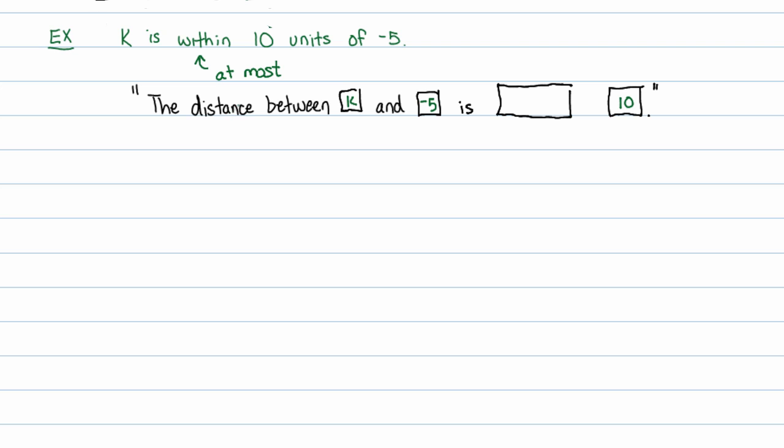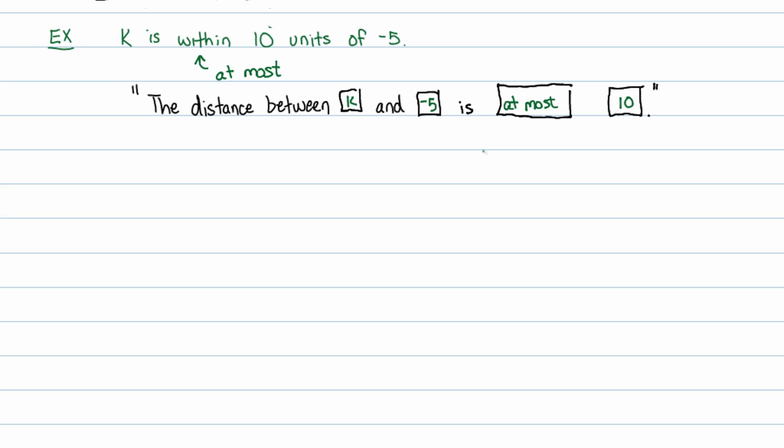But it just depends on somebody's interpretation. I personally think that within means at most. Just because if I say I'm within 50 feet of my car, that means I'm 50 feet or less away from my car. But again, within is a very ambiguous term.